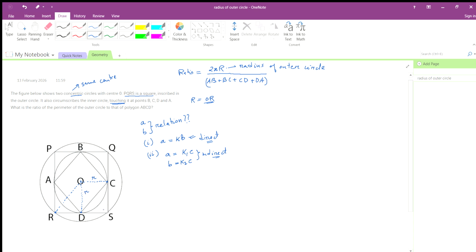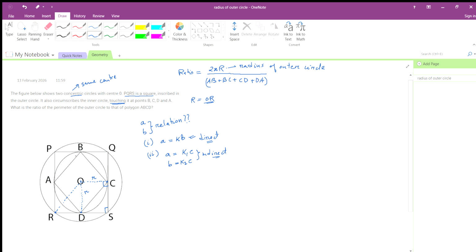Now we know that this angle is 90 degree. Why? Because the radius is perpendicular to the tangent at the point of contact. Now, how do I know this is tangent to the inner circle? How do I know the sides of PQRS are tangential to the inner circle? Because it's given in the question. It also circumscribes the inner circle touching the points A, B, C, and D. That means the sides of square PQRS are tangential to the inner circle.